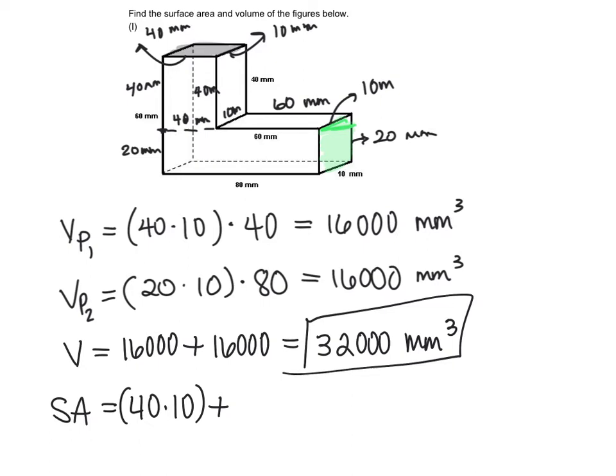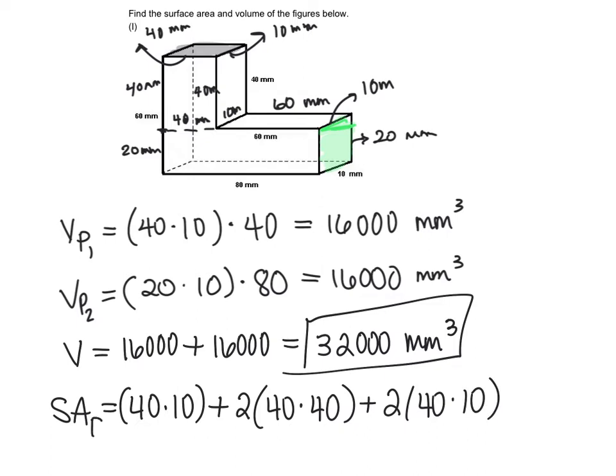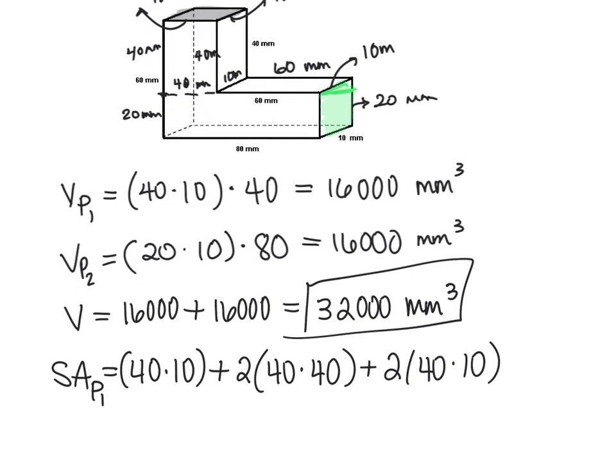It's a 40 by 40, and there are 2 of those, because there's one in the front and then there's one on the back side. And then there's my 2 rectangles on the sides that are 40 by 10s. So this is the surface area that makes up my first prism.